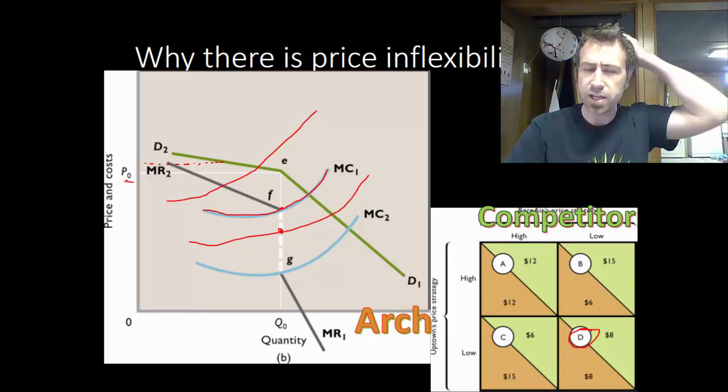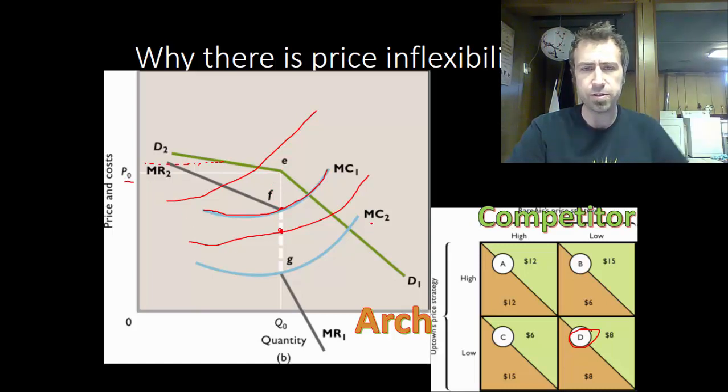And so let's just do one that's beyond MC2 just to see what would happen there. So if I put my marginal cost line here, again, I go to where marginal cost intersects marginal revenue, and I go up to the demand line, and this would be my price.